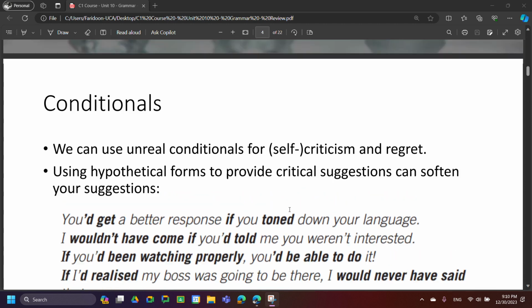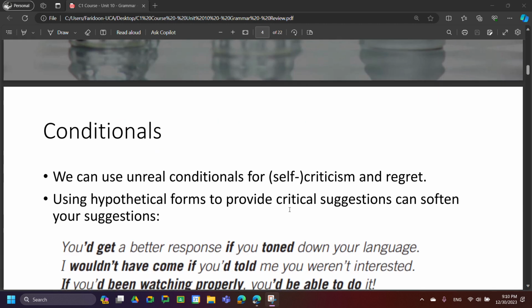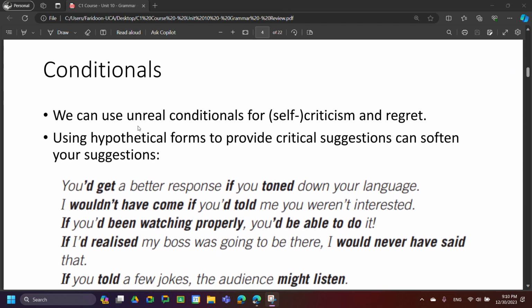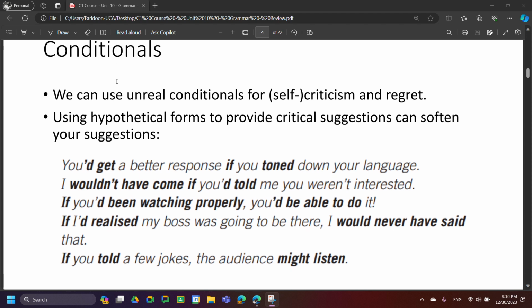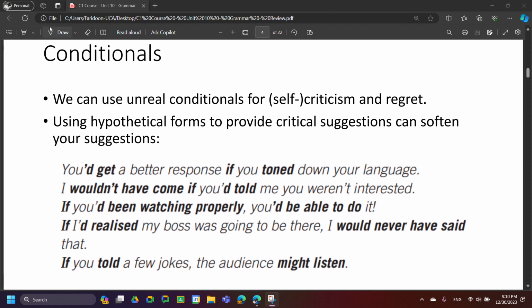So in the conditionals, the first thing that we are going to talk about is that we can use unreal conditionals for criticism and regret. And your criticism can also be about yourself. Using hypothetical forms to provide critical suggestions can also soften them. So in a way, it is also good for giving suggestions.